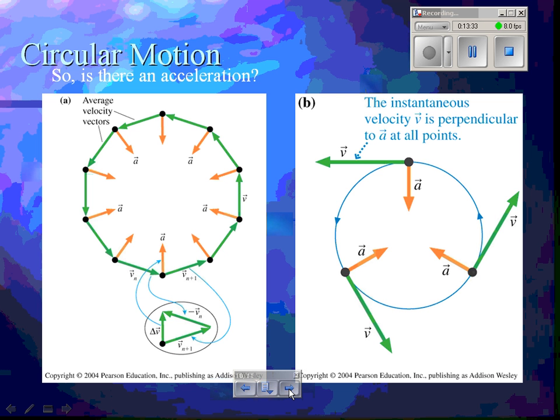And the difference in velocity here points toward the center. And so that gives us our direction. Dividing that by time will give us our actual acceleration values. But we'll talk more about acceleration tomorrow.